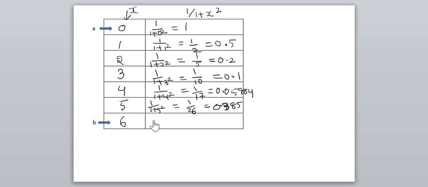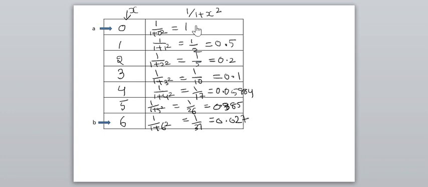The last one 1 by 1 plus 6 square, 1 by 37, and when you simplify, that comes as 0.027. Now these are the y values corresponding to given x values.